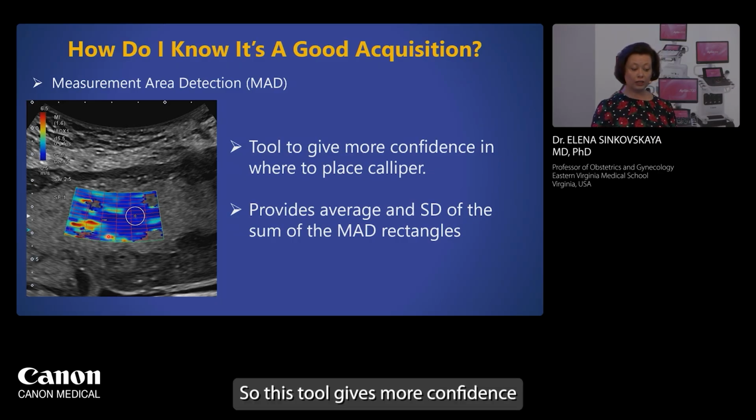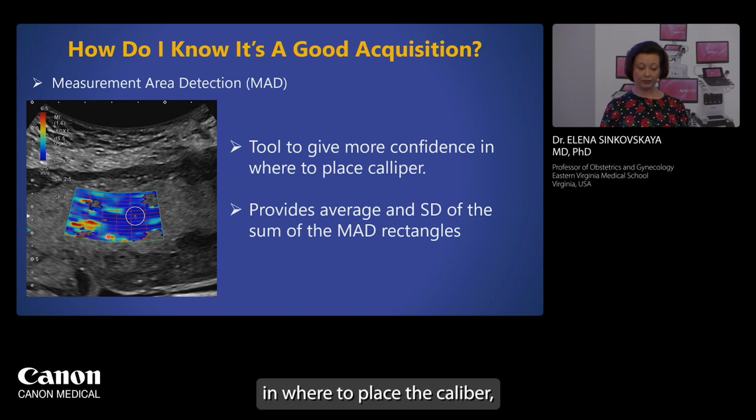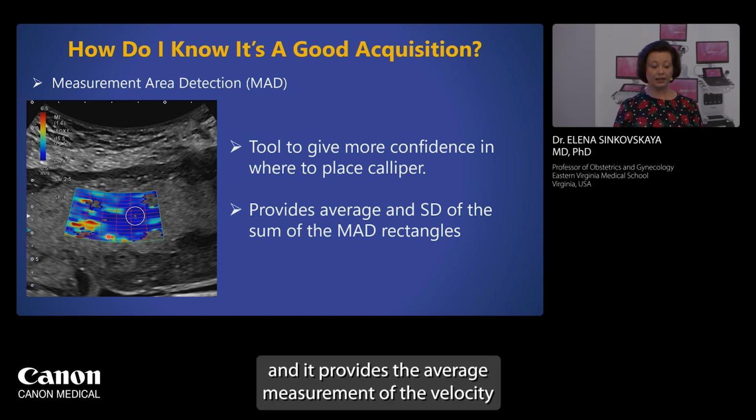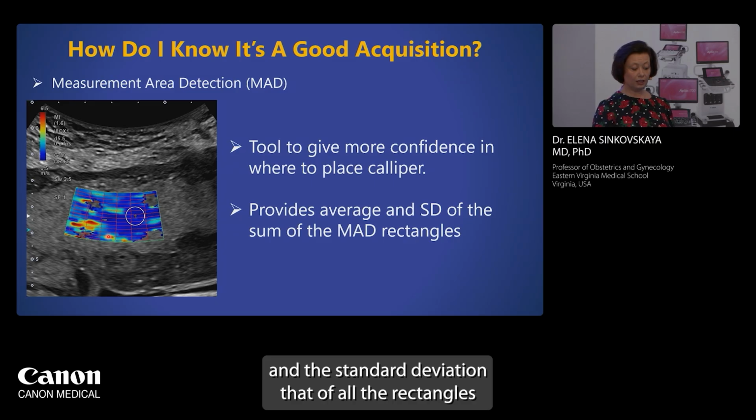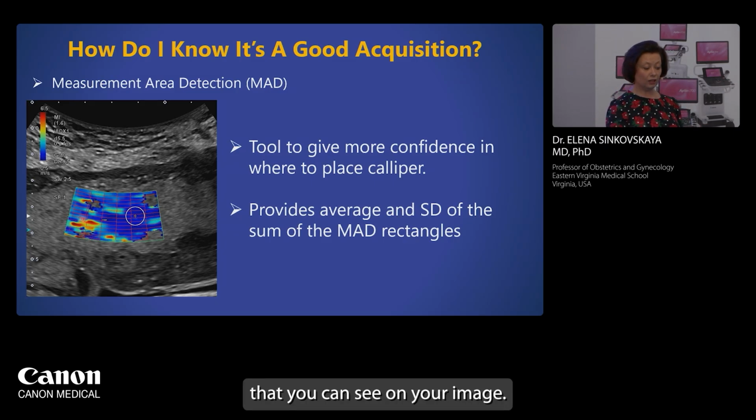This tool gives more confidence in where to place the caliper, and it provides the average measurement of the velocity or elasticity in kilopascals, and the standard deviation of all the rectangles that you can see on your image.